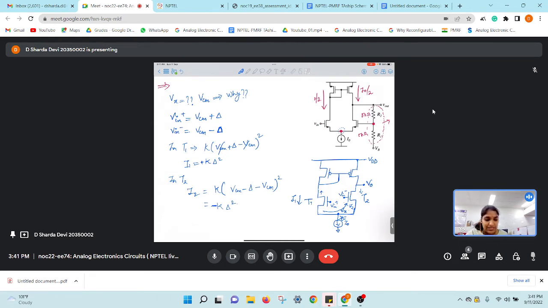Keeping this in mind, can you tell me what should be the value of Vy in our actual circuit? In this basic circuit, Vx was Vcm.